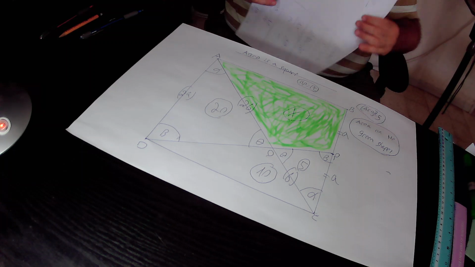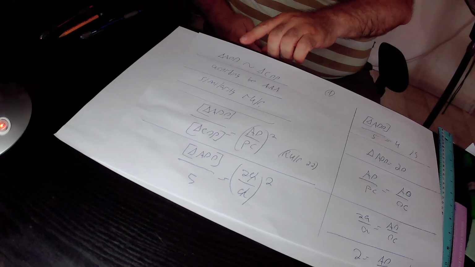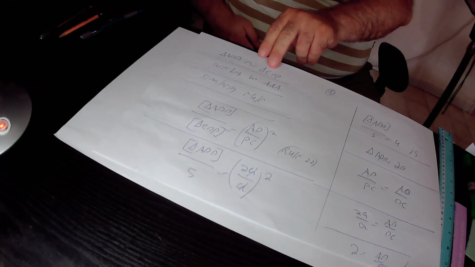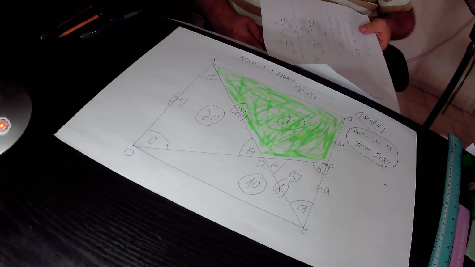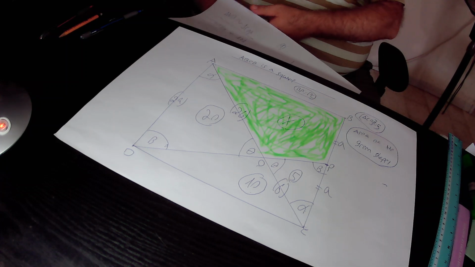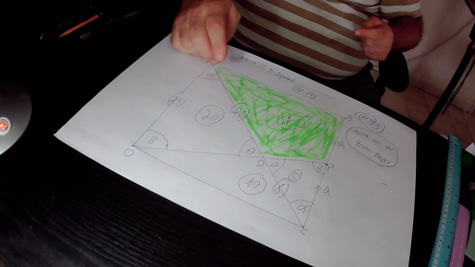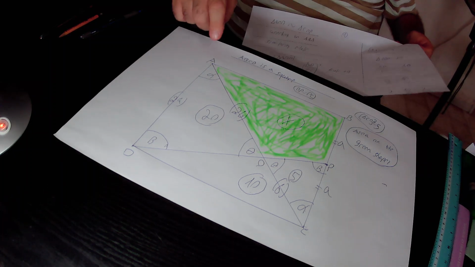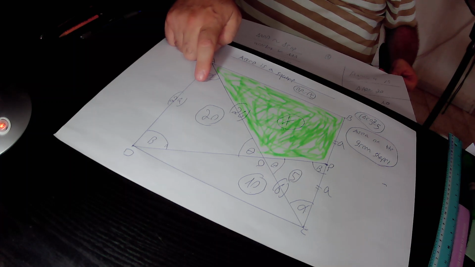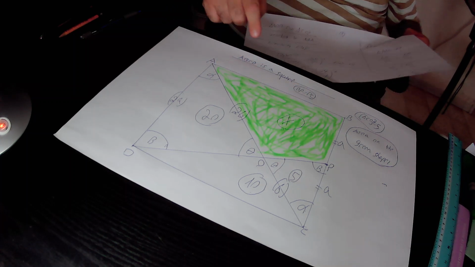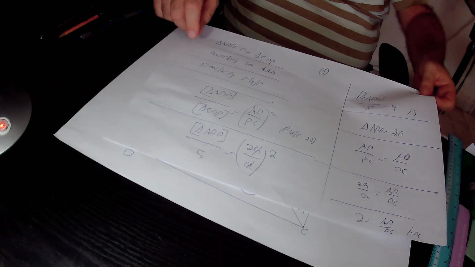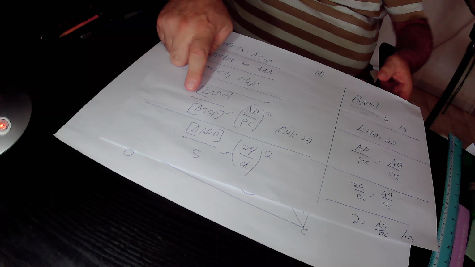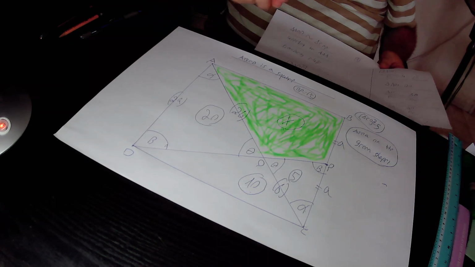So I repeat again, the big triangle AOD is similar to the small triangle COP according to the angle similarity rule. From the fact that those two triangles are similar, we derive that the ratio between the area of triangle AOD over the area of triangle COP is equal to the square of the ratio between their sides.